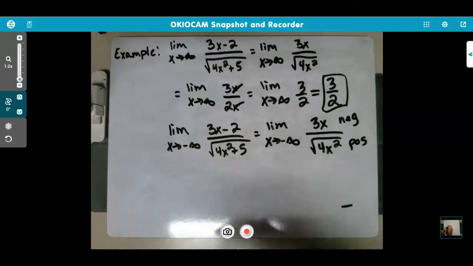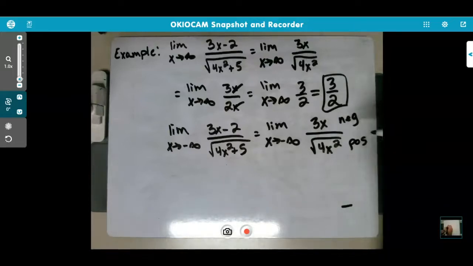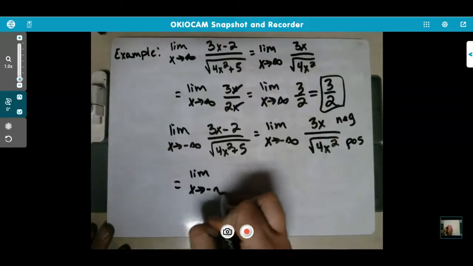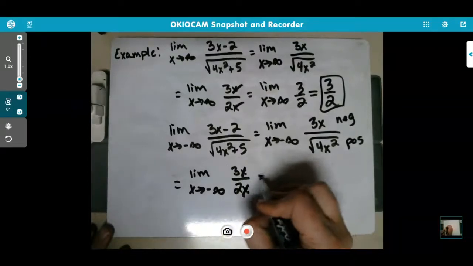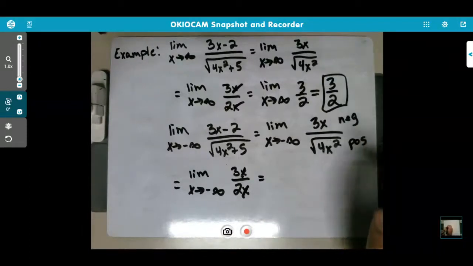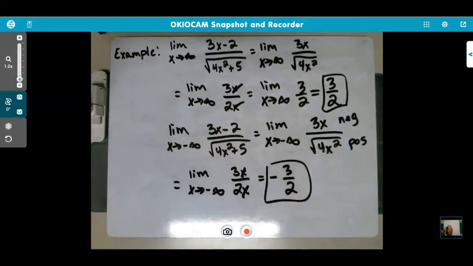So even if my math works out to where I get a positive, because of what I see right here, I know my answer must be a negative. So now I can keep on. Same thing, same thought. Limit as x goes to negative infinity of 3x over, that becomes 2x. Cancel it out, and we normally would get 3 over 2, but as we saw up here, negative divided by a positive is going to be negative 3 over 2. So just be careful there.